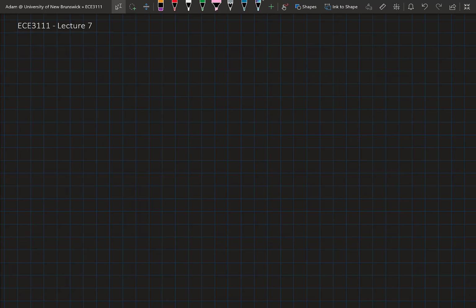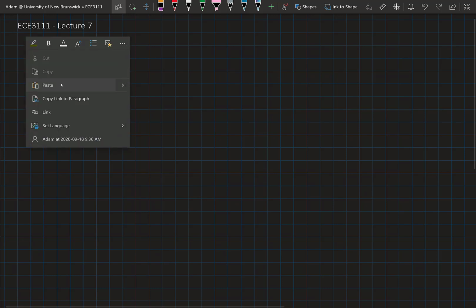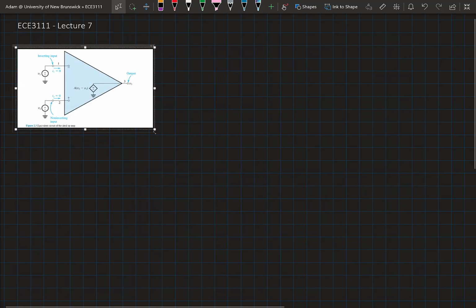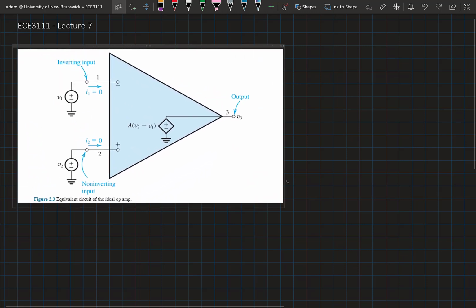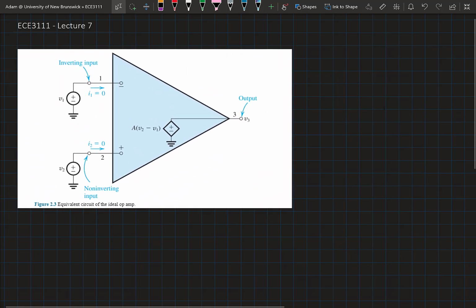So following up from last class, we were talking about op-amps in an ideal nature, and we concluded that an ideal op-amp is basically an ideal voltage amplifier, just like we looked at with the amplifier models earlier in the term.